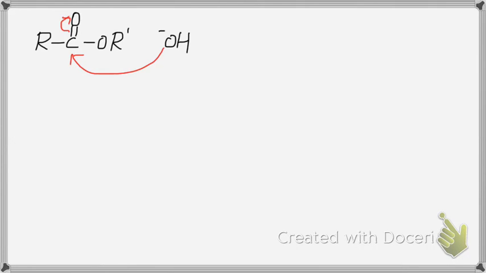Under acidic condition, protonation takes place and the carbonyl is activated so that it can react with a weaker nucleophile, the neutral water molecule. Under basic condition, we have a stronger nucleophile, hydroxide. So the hydroxide will react with the carbonyl directly. We don't need to activate the carbonyl carbon. So this is the nucleophilic addition, which will provide the tetrahedral intermediate.